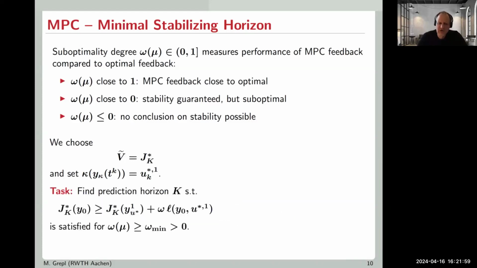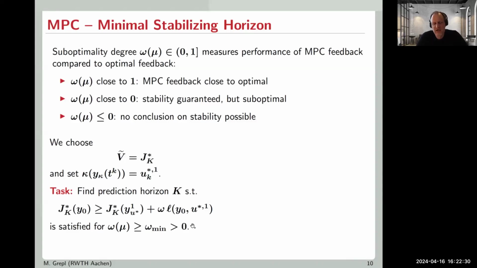Let me then rewrite our task as follows. Find a prediction horizon capital K such that J_K star at y0 is greater than or equal to J_K star of y_u star at 1, plus alpha times the stage cost evaluated at y0 and u star 1. We want this to be satisfied for some alpha greater than alpha min, greater than 0.